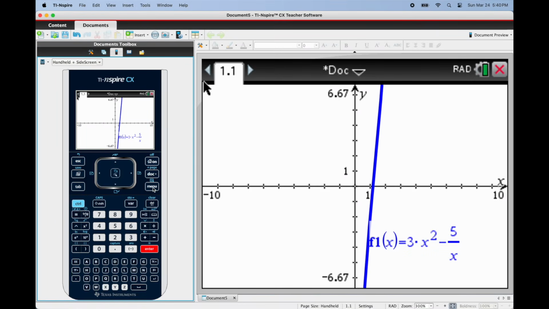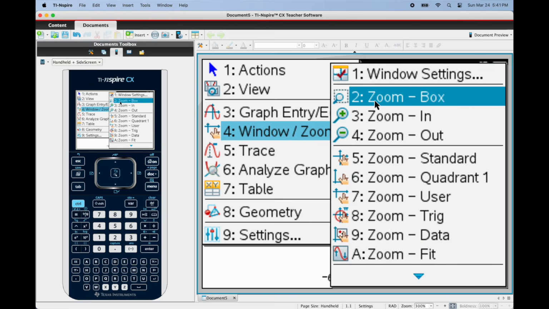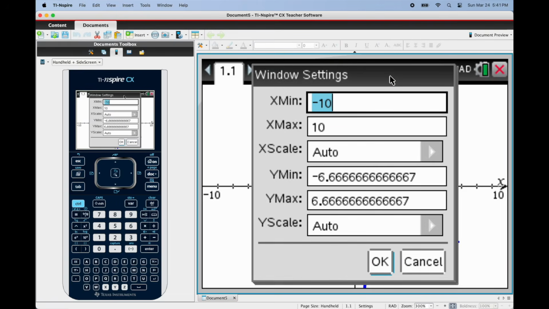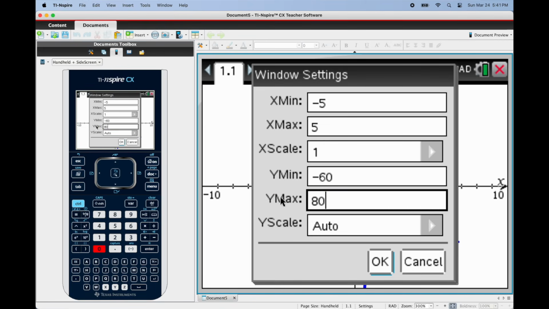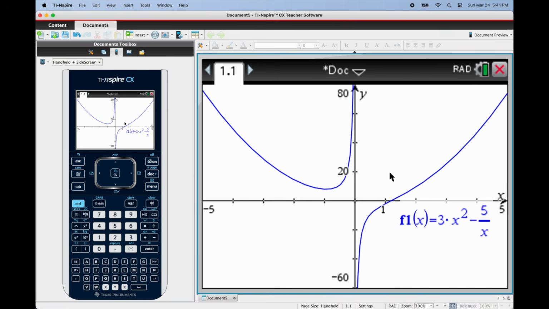So let's go menu, window zoom, and custom window settings. X min was negative 5, x max was positive 5. The scale, we can put as 1. Y min was negative 60, y max was 80, and the scale in this case was 20, that is to say, it goes up by 20s. That's going to simplify things pretty nicely.